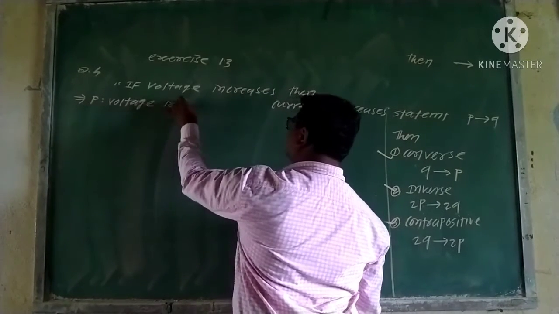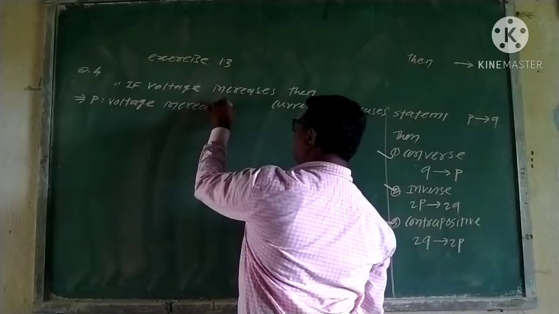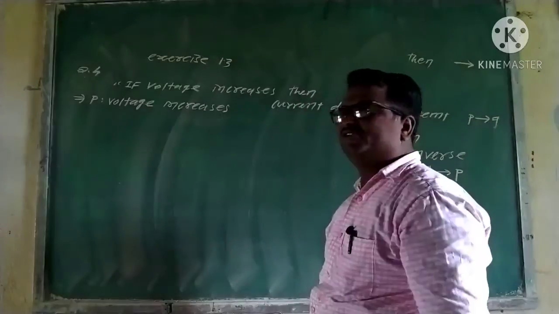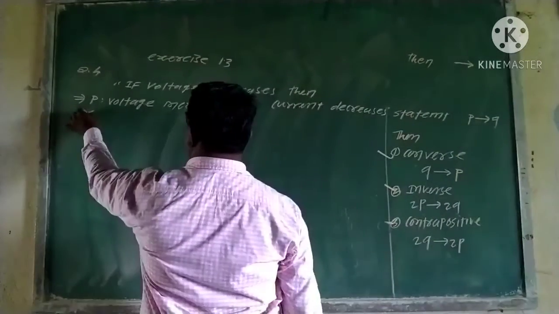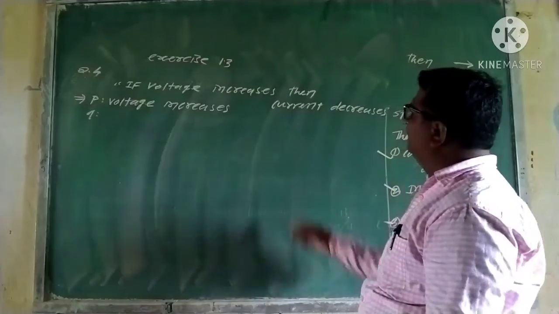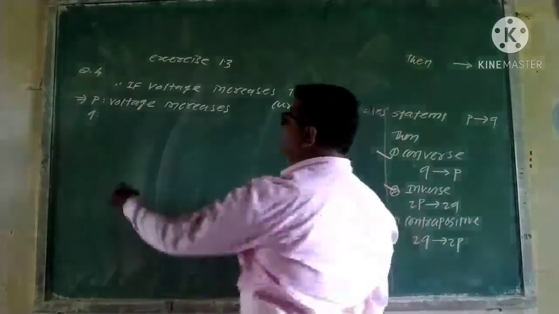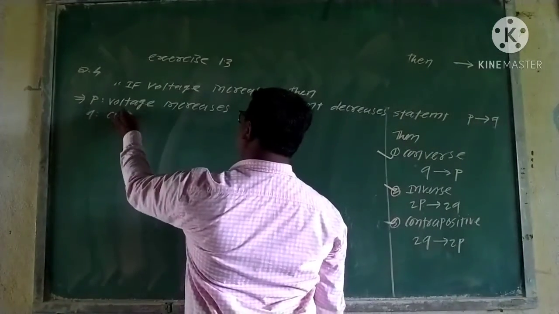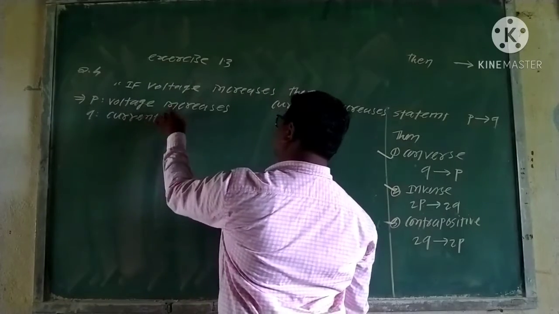Statement Q is the statement which comes after "then": current decreases.